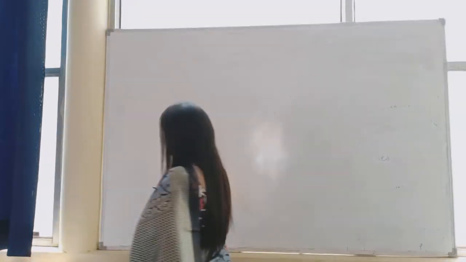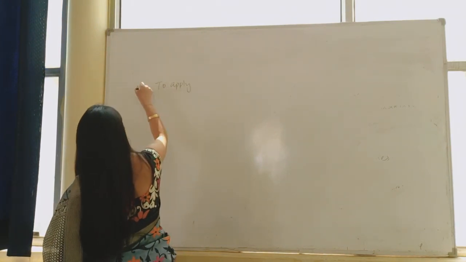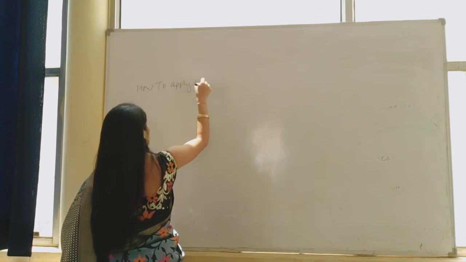So if you want to choose the theme, or select the theme, what procedure do you have to follow? So I am writing here, to apply theme. You can also write here how to apply theme.